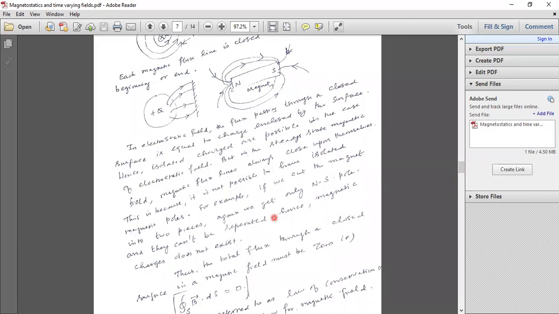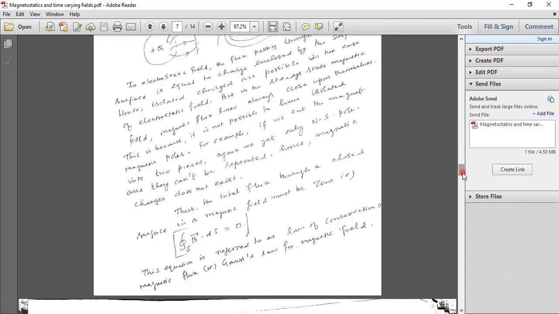There are no isolated magnetic charges present in nature. What we are deriving is that the total flux through a closed surface in a magnetic field must be 0, because we can't separate the magnetic poles. So magnetic charges do not exist.